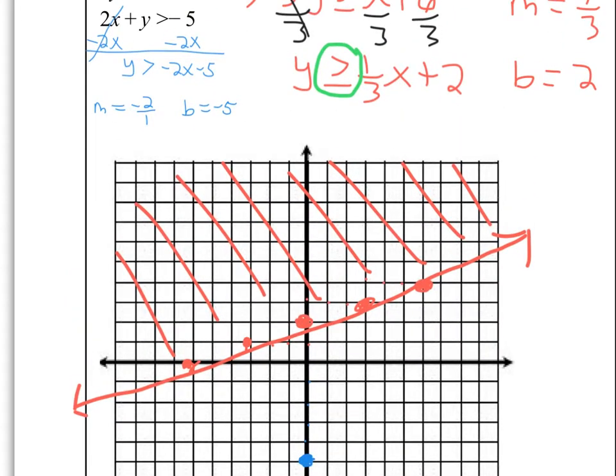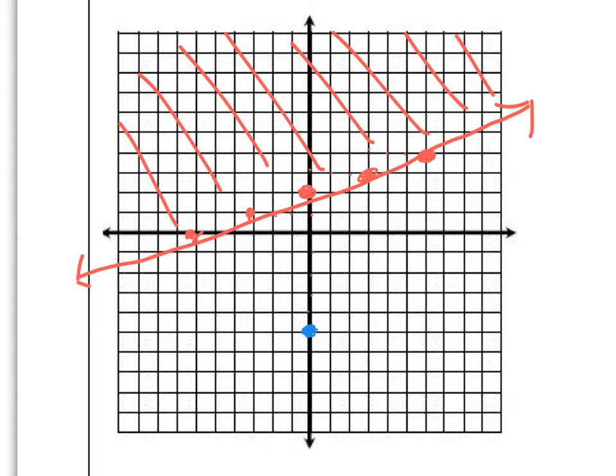It is negative 2 over 1. Okay, so that means down 2 over 1 to the right. And you can also go the opposite way. You can go up 2 to the left 1, up 2 to the left 1. And let's just go until we cross. Okay, there we go.